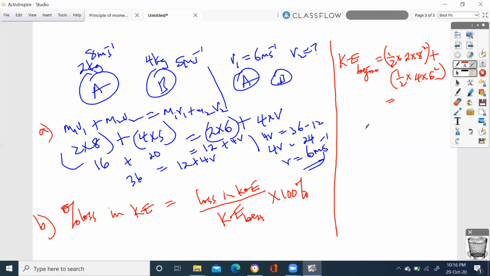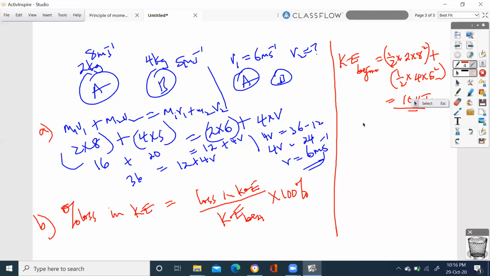That's 1/2 times 4, 8 squared, that's 64 plus 128.